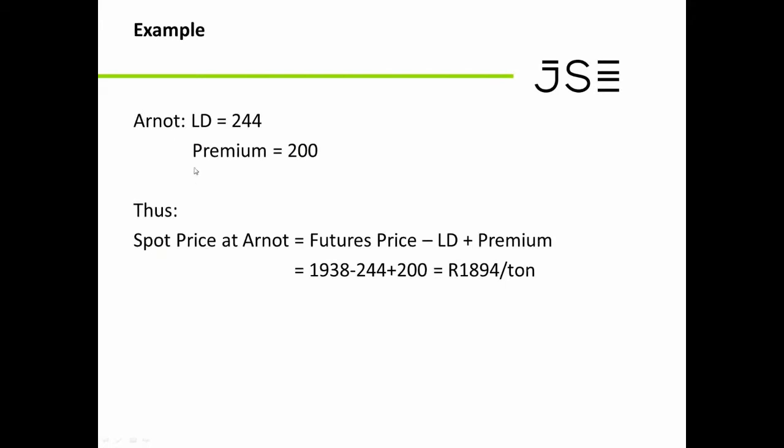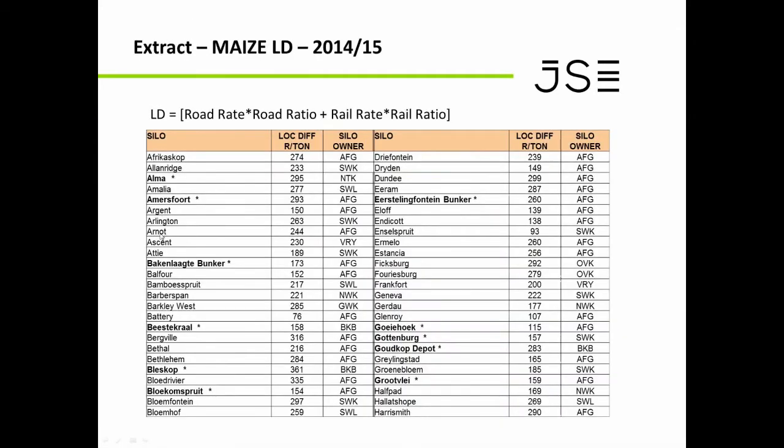I've got here a simple example, and I took R0 as an example. Okay, here is R0, as you can see. The location differential for maize at this delivery point is 244, right? This is now the LD.